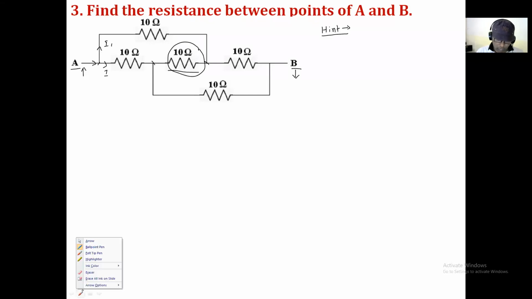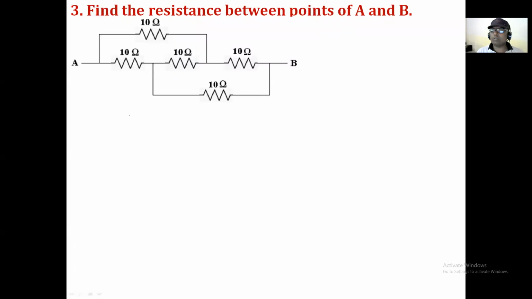Then let's think about how to use the delta star or star delta transformation. For that, may I draw the same circuit diagram like this? You just check it. This is a 10 ohm resistance. This one, I say, is the first 10 ohm resistance.